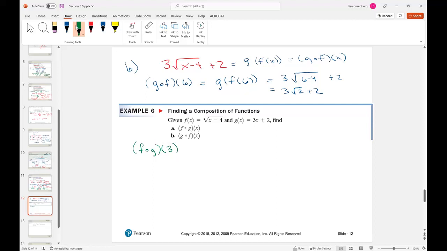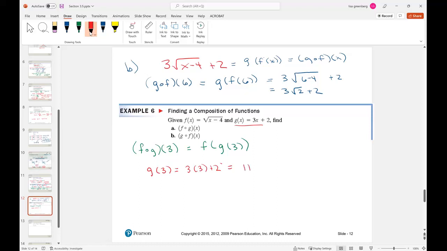Then this is equal to f of g of 3, and this is just another way to do it. This might be easier if you're given a number, because I can find out what g of 3 is first, right? G of 3, I just look at my g of x and say this is 3 times 3 plus 2, which is equal to 11, okay?